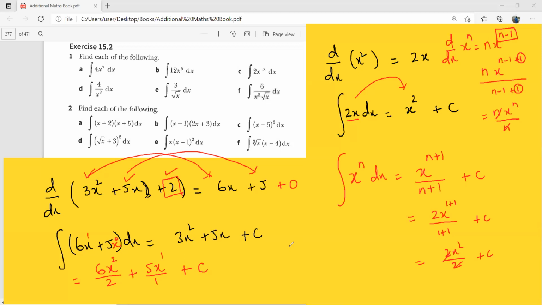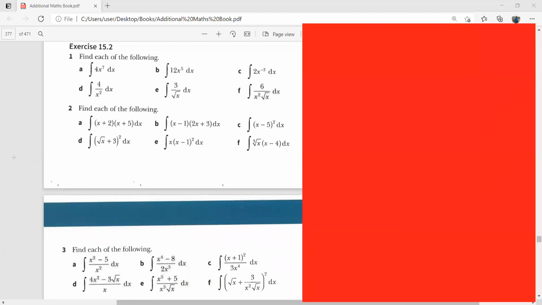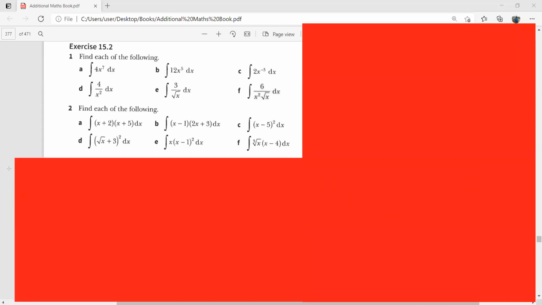So this is the very first technique of integration. Now let me try these questions for you quickly, and then you will be doing them yourself. Since you have already covered differentiation, this resembles the first technique of differentiation a lot.